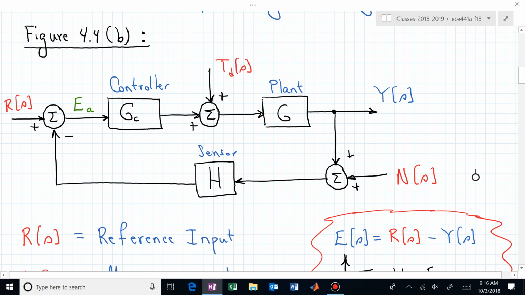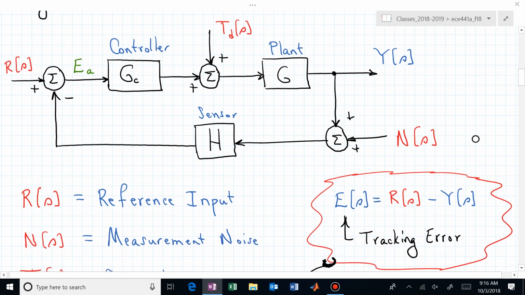Let's do that for the transfer function between the disturbance and the output y. Does everybody see what we're trying to do? We're trying to find this expression E, or formula for E, the tracking error. It doesn't exist in the block diagram explicitly, but we can find the output y. And R is just a signal.